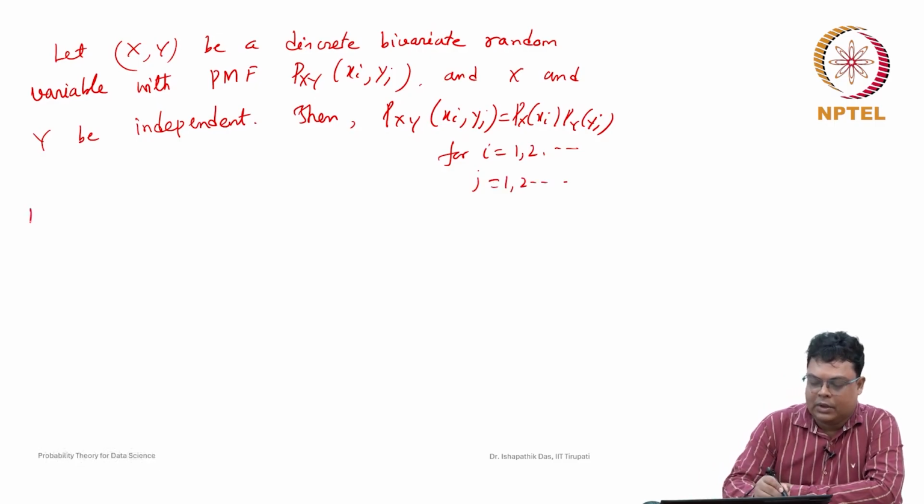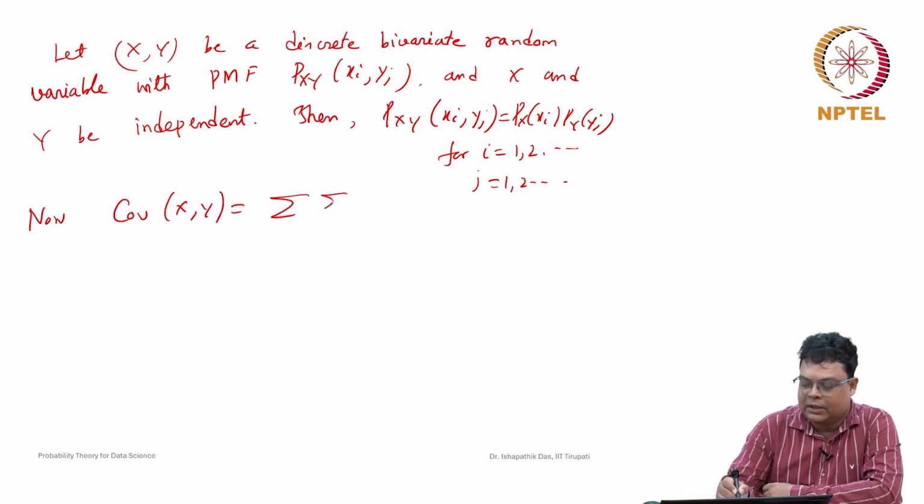Now similarly we can show that the covariance of X, Y is the summation over i and j, and by definition it is the expected value of (X minus mu_x) into (Y minus mu_y).